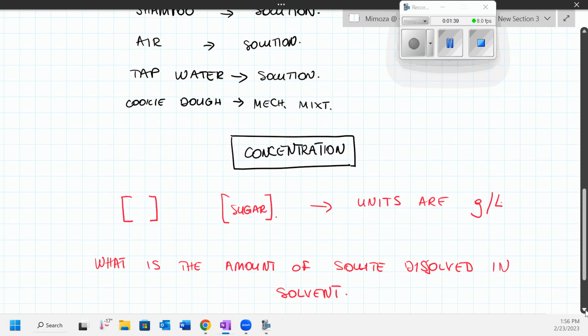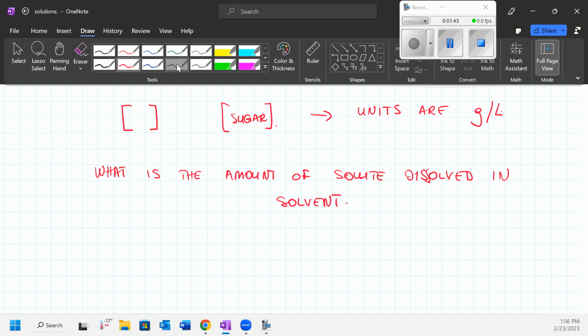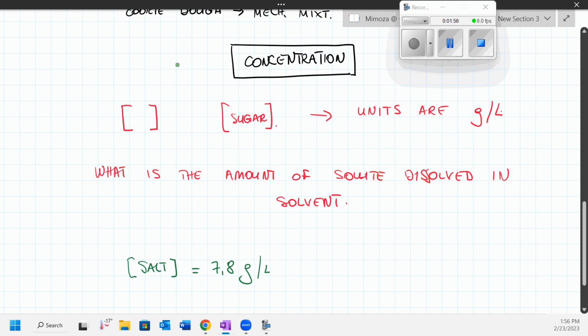So let's say that we have salt, and we are saying that the concentration of salt is 7.8 grams per liter.